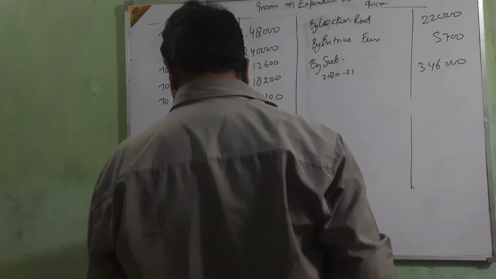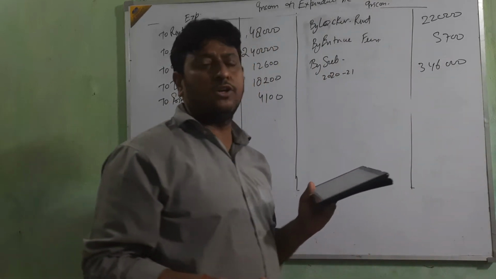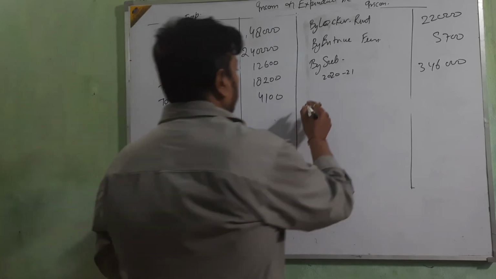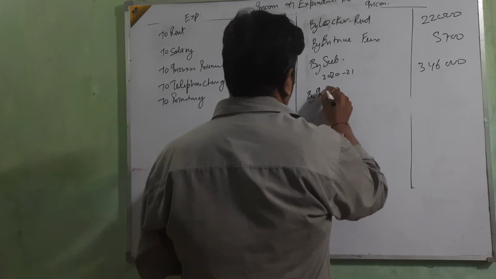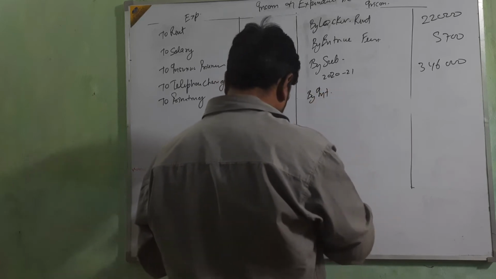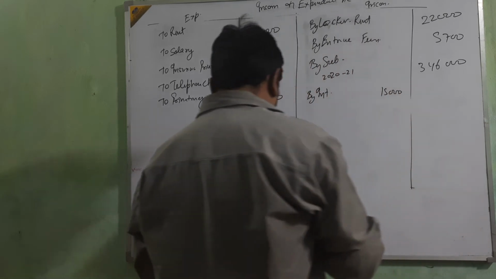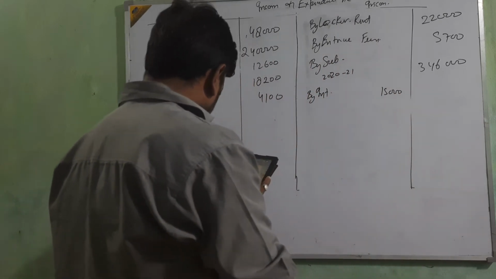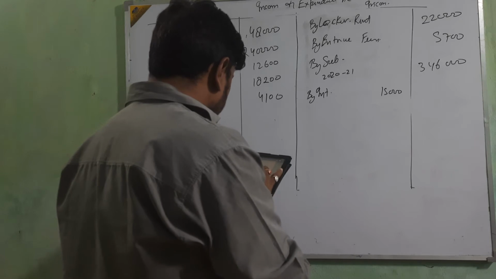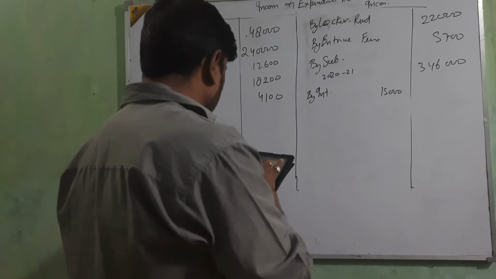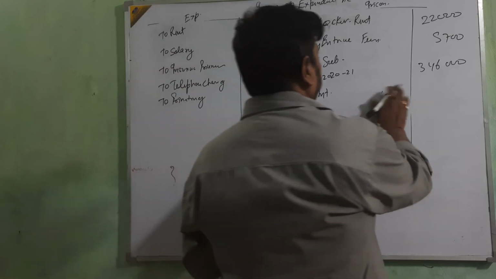Then next, donation we are not going to take. Next is the interest, 15,000, put on the inner column. And if any type of investment is given, and the interest rate is given or not given, then take it outside.